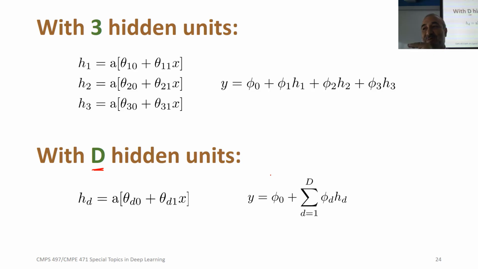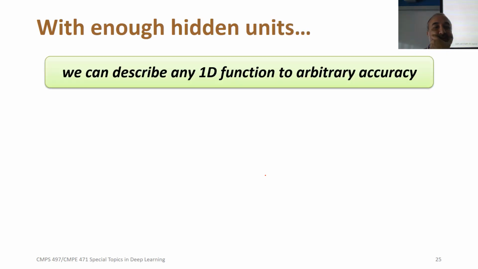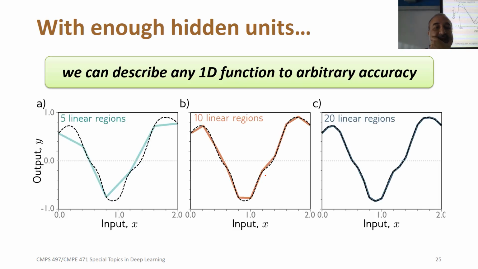More linear pieces, you mean? More linear regions. But when we add more linear regions, what will be the effect? It will get smoother over time, right? And thus it can represent more complex functions. Okay, so let me show you an example. Let's say that the dotted curve here is the actual function that we want to fit.